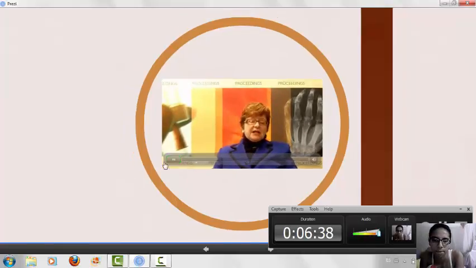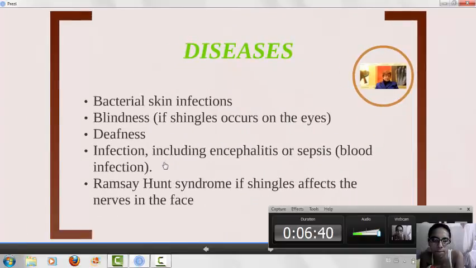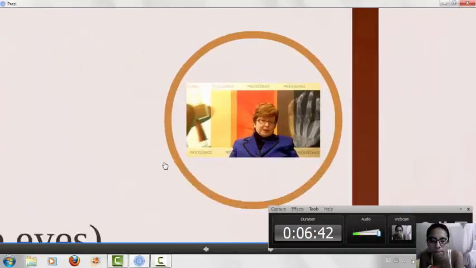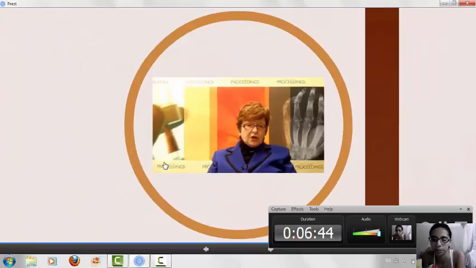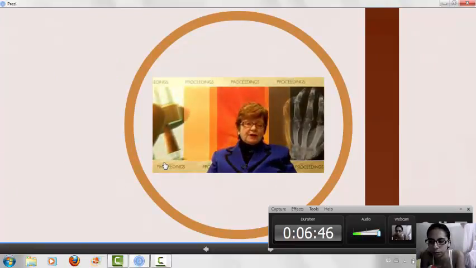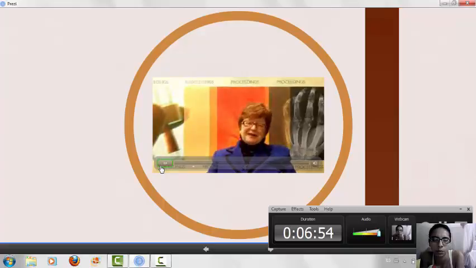So this study looked at all of the people who had herpes zoster or shingles from 1980 to 2011 in this community. We had about 2,000 confirmed cases, 2,035 to be exact, and looked at the medical records for every one of these cases to identify eye complications.